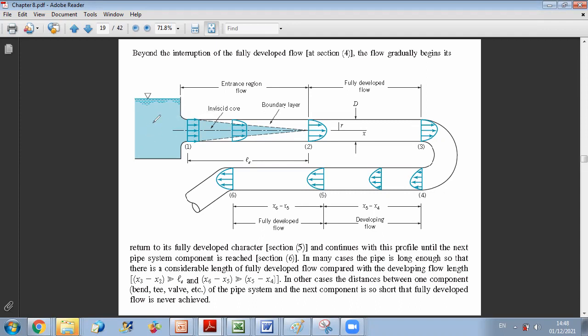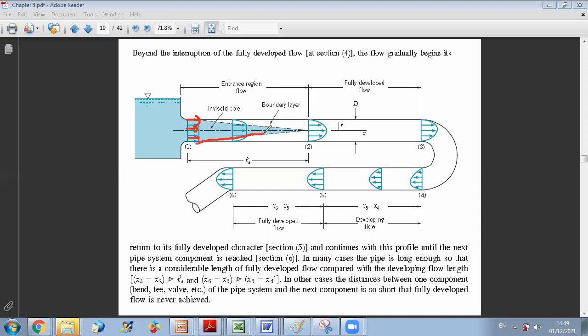Because look, if you have a reservoir and you want to have the flow coming from the reservoir through the ducting system, at the entrance first, you have a uniform velocity profile. But as your flow enters the pipe, it will be subjected to viscous effects. So the uniform profile will gradually change. Okay? So you have what we call development of a boundary layer.